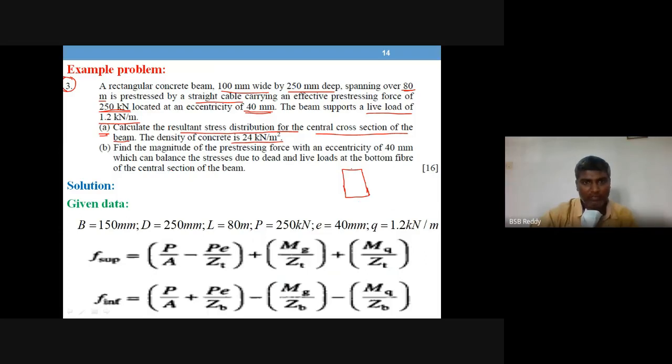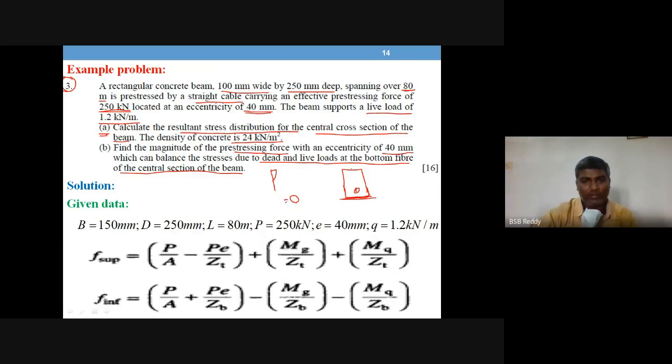Question B: find the magnitude of the prestressing force, that means the P value, with the same eccentricity of 40, which can balance the stress due to dead and live loads at the bottom fiber of the central section of the beam. So the bottom stress from the tendon shall balance the stress from dead and live load, which means the total bottom stress shall be zero.